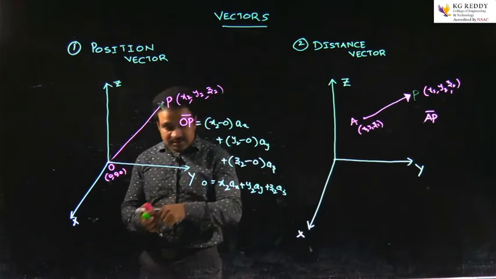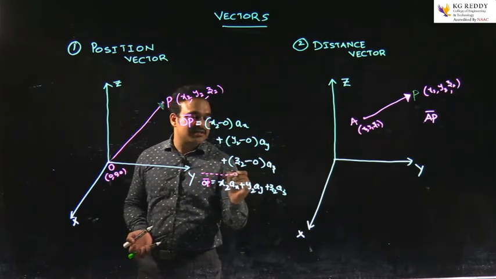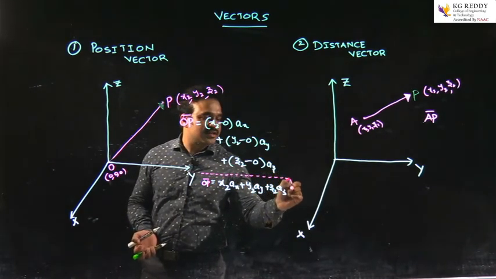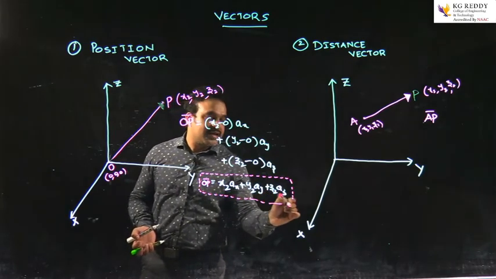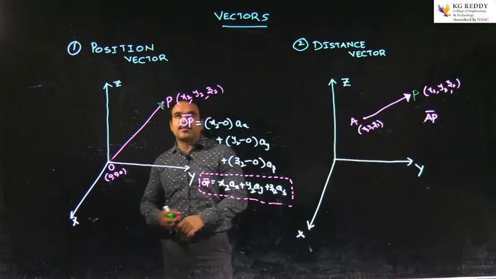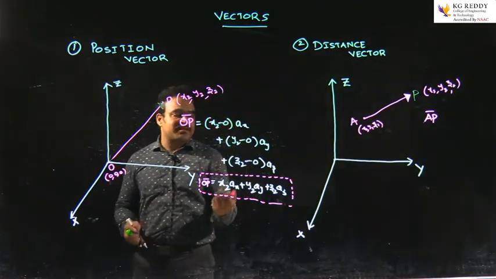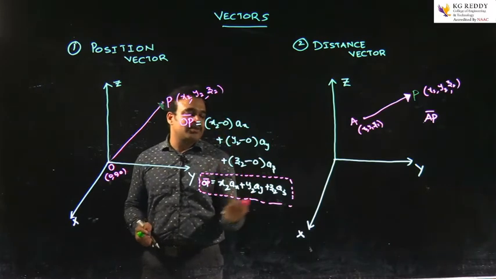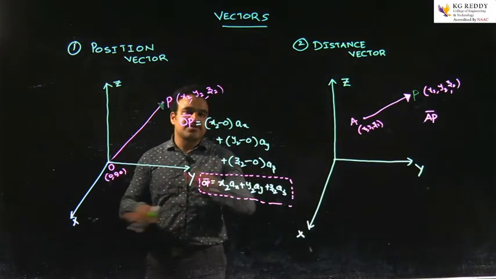Now you can see, this is OP bar which is a position vector. For position vector it is very easy, because if you take these points directly you can write x2 into ax, y2 into ay, z2 into az, because the first point is at origin, it will be neglected.